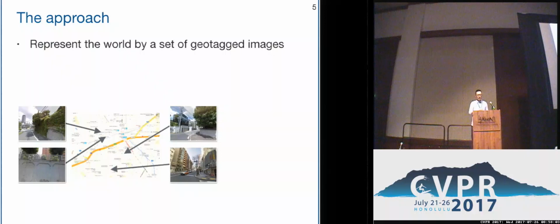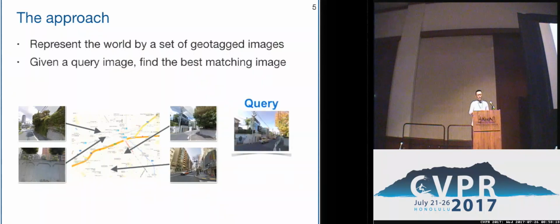In a bit more detail, the standard approach is summarized like this. First, the world is represented as a set of geotagged images. Of course, this should be done offline. Then, given a query image as input, we seek the best matching image in the database.